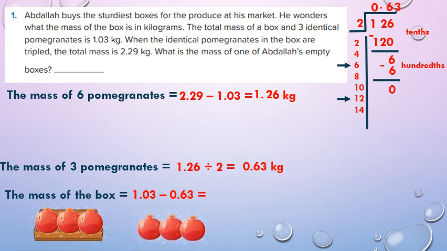So we will subtract the 3 pomegranates from the pomegranates in the box. 3 minus 3, 0. 0 minus 6 can't be, so it will be 10, and the 1 will be 0. 10 minus 6, 4, and 0 minus 0 equals 0. So the mass of the empty box is 4 tenths kilogram, or 40 hundredths.